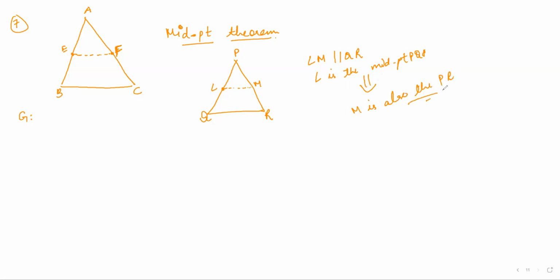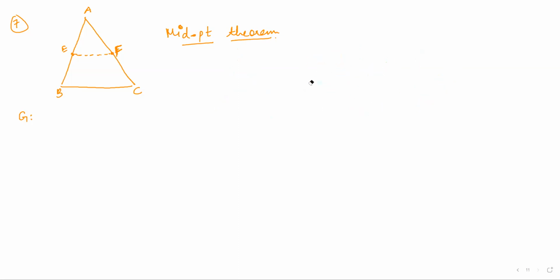So that's the theorem. Got it? Yes, ma'am. The same thing we have to show in this question: that E is the midpoint of AB, and we have to show that F is also the midpoint of AC. But we will do it with the help of the basic proportionality theorem, because in class 9th we did the proof differently. Now we have already learned the basic proportionality theorem, so we will take help from it.